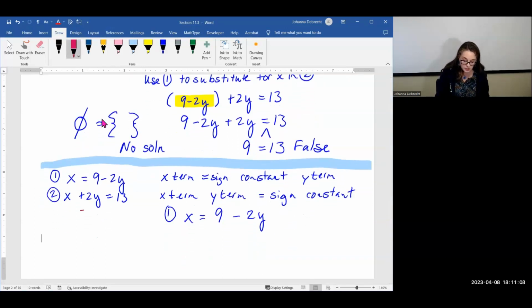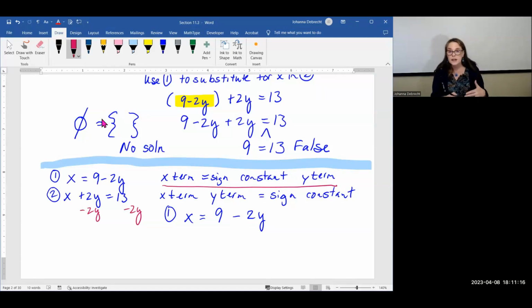What I'm going to do is subtract the 2y from both sides so I can get it in exactly the same form as the first equation. I could have done the same thing to the first equation to get it like the second. It doesn't matter. My new equation 2, which you could call 2 prime or 2b, becomes x equals 13 minus 2y.